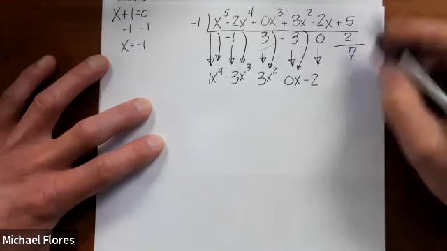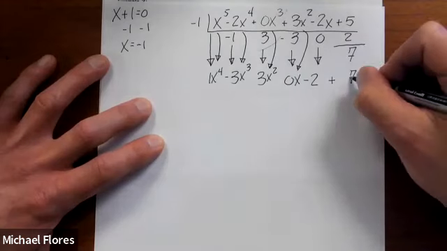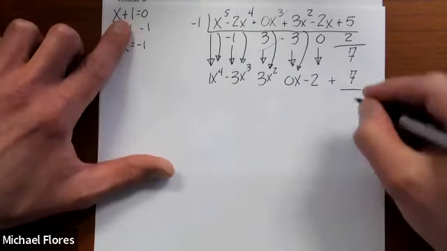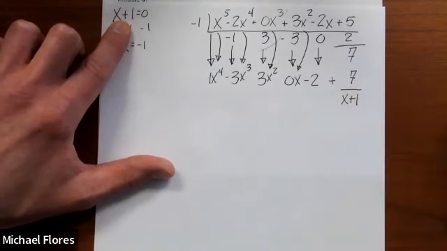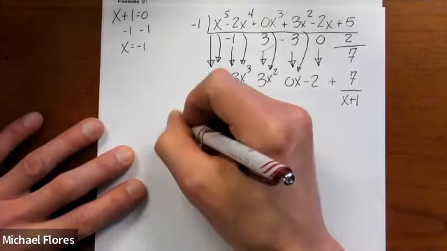That x disappears. We have a remainder of 7, so plus 7 over, remember, we're going to use the factor that it gave us, x plus 1. So let me clean this up just a bit and give you the final answer. Where's my pen? There it is. All right, begin with x to the 4th.